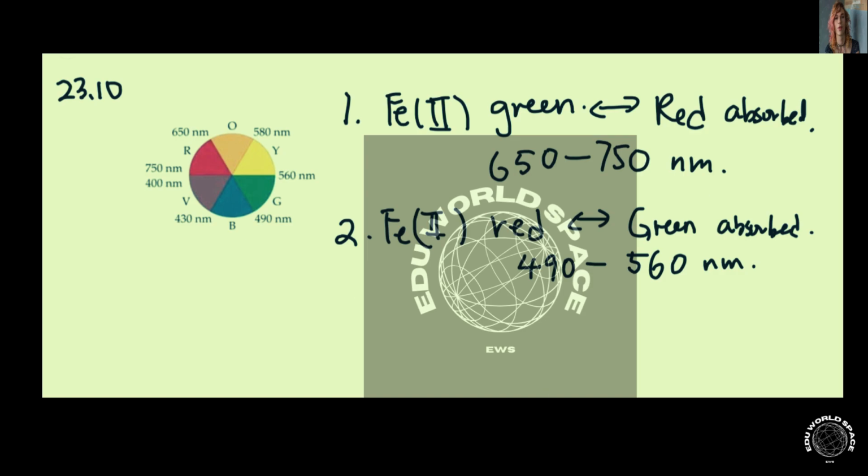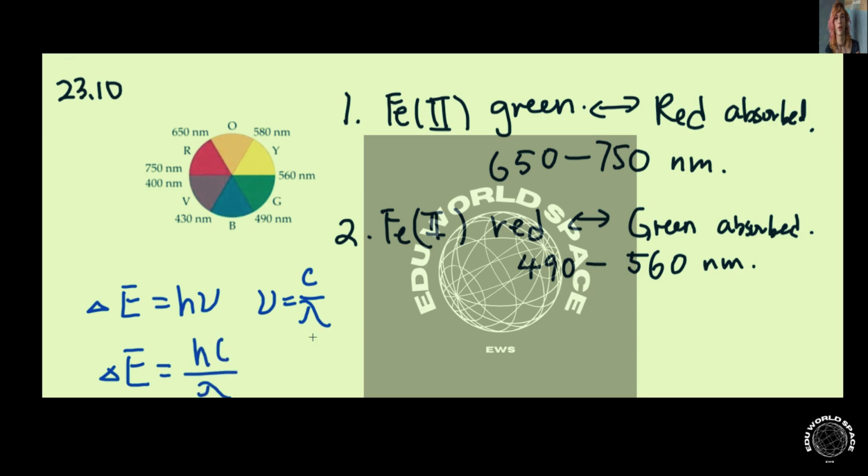So we also know that there is a relationship between the energy and the wavelength, which is delta E equal to this. And since the frequency is equal to C divided by lambda, delta E is equal to hC divided by lambda.